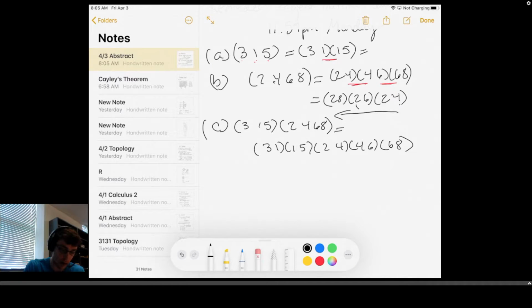So this guy, using that same method, would be like (3 5)(3 1). Fix your first guy, go to the last one, then you kind of go back to the left. So you could also write this as (3 5)(3 1)(2 8)(2 6)(2 4).